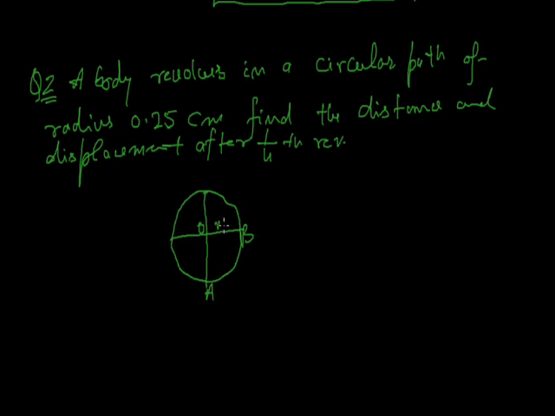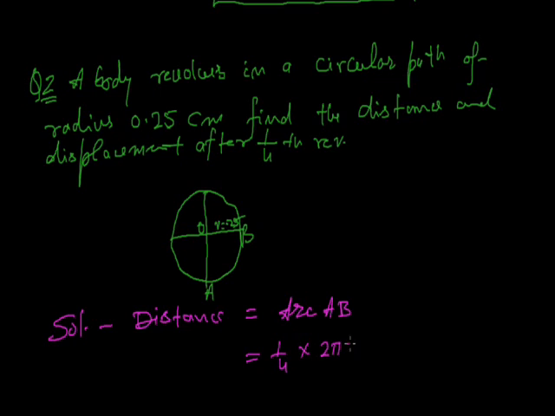Radius r is equal to 0.25 and distance will be equal to the arc AB, that will be 1/4 part of 2 pi r, that is equal to 1/4 into 2 into pi into 0.25.